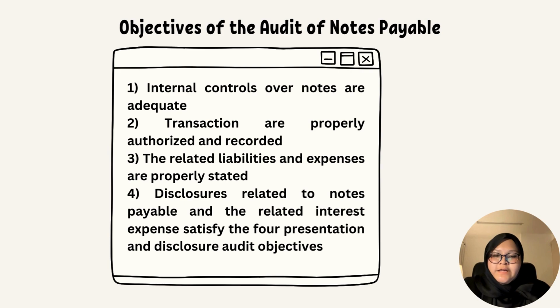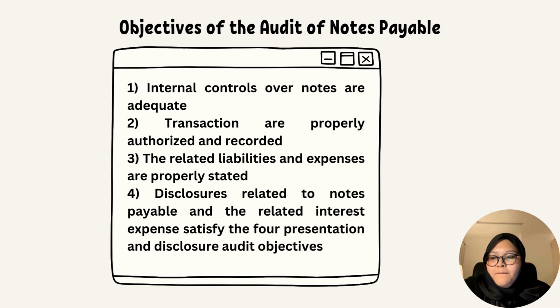Next objective, which is that the related liabilities and expenses are properly stated. So this is to provide assurance on the completeness and also the accuracy of the financial statements. And lastly, the last objective is that disclosures related to the notes payable and the related interest expense have to satisfy the four presentation and disclosure audit objectives, which are completeness, accuracy, understandability, and also classification.